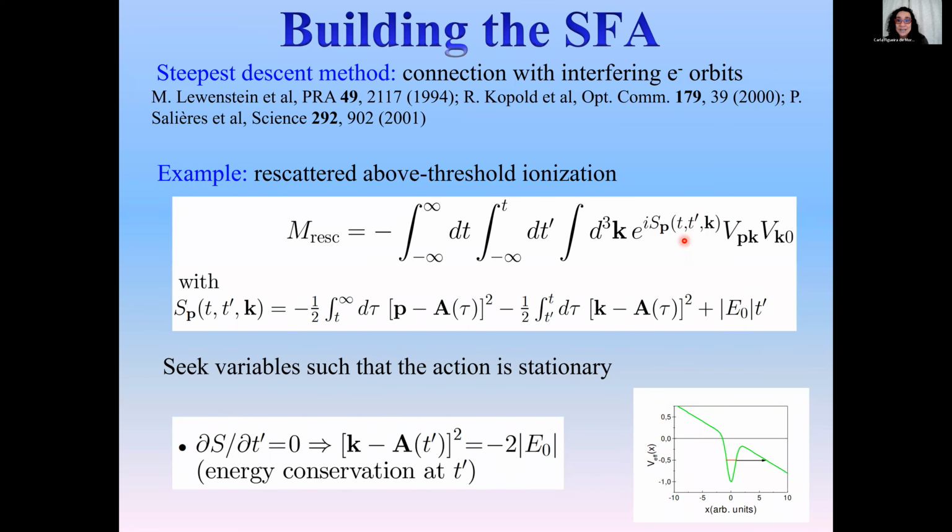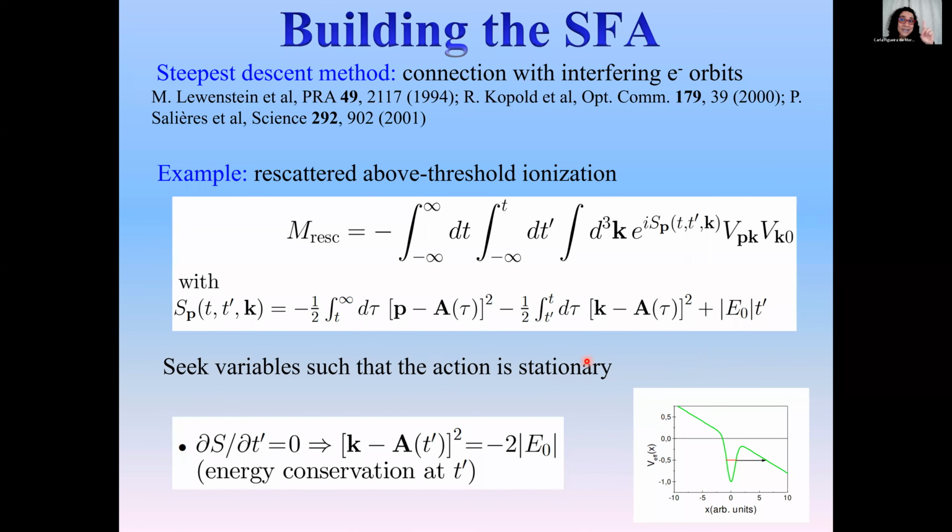Again, you have some kind of action, but you see that you have this phase from ionization, but you have another phase difference, which is from t' to t, and this is associated with propagation in the continuum. And then you have from t to infinity, which is associated with rescattering and then propagation afterwards. And you have these two interactions here. This one happened upon ionization. This one is when you had this rescattering.